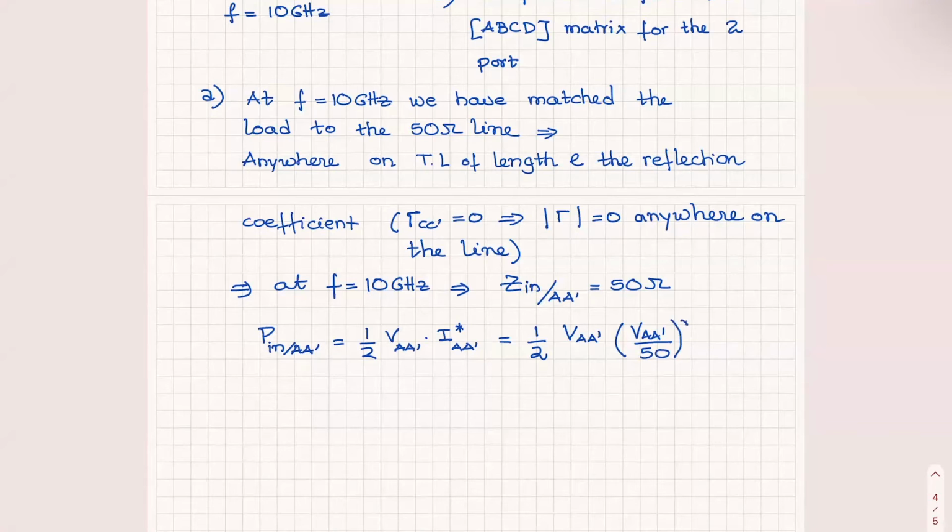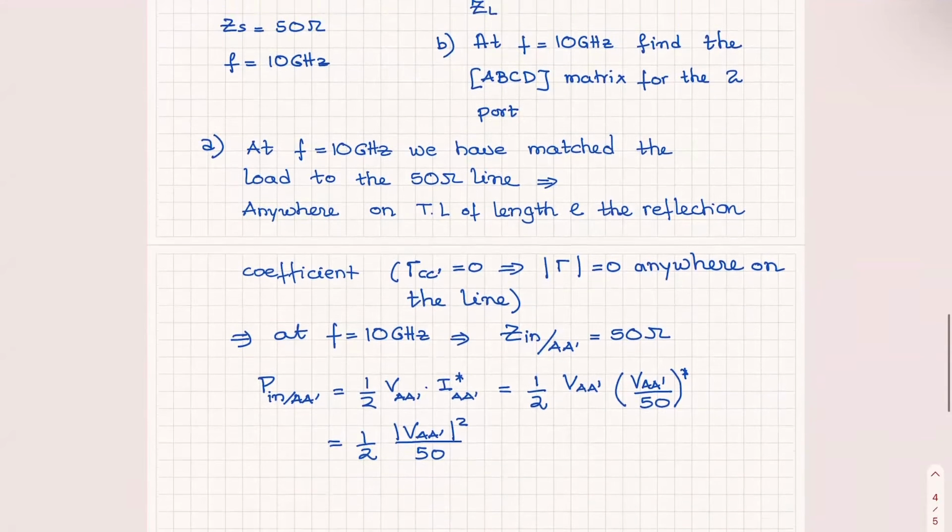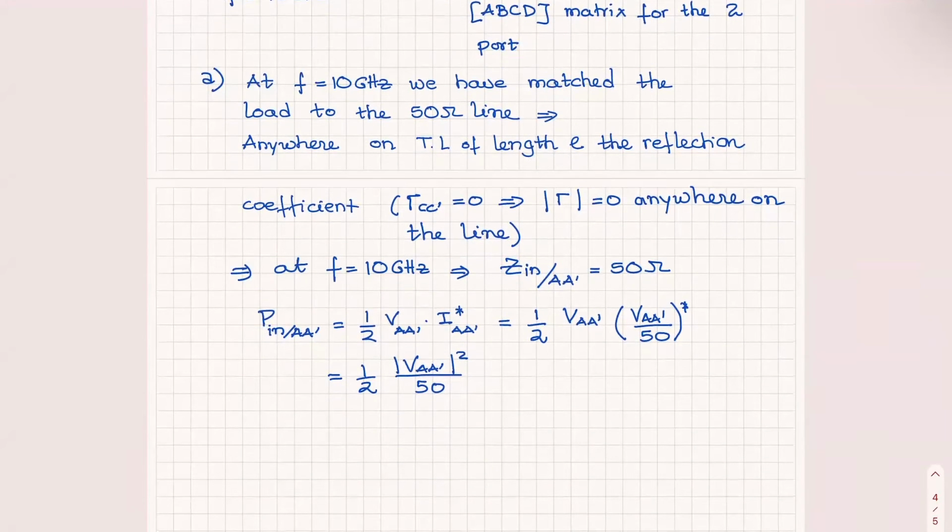And all of this complex conjugate, which implies that this is 1/2 V A prime magnitude square divided by 50.